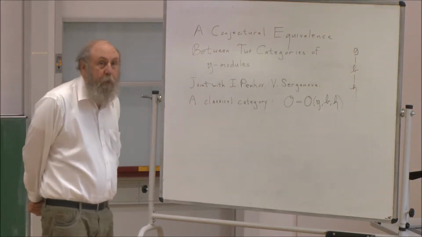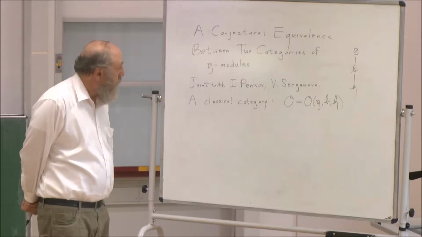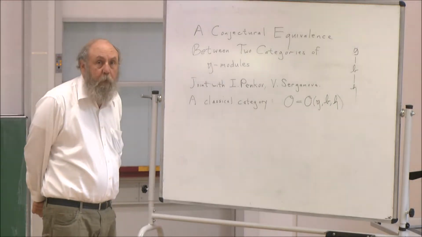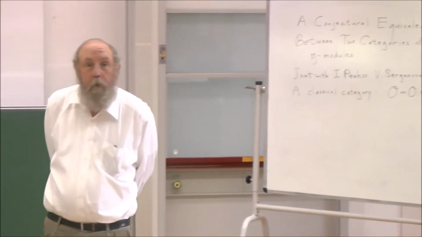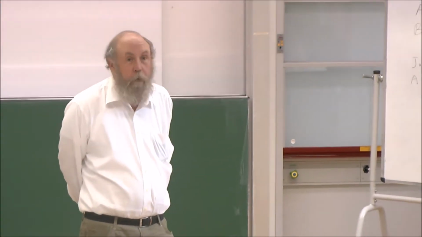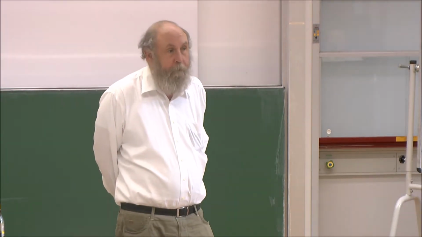This is an awfully lucky guess on the part of BGG, because this category turned out to provide many people with employment for the last 40 years. And it's still a thriving industry.